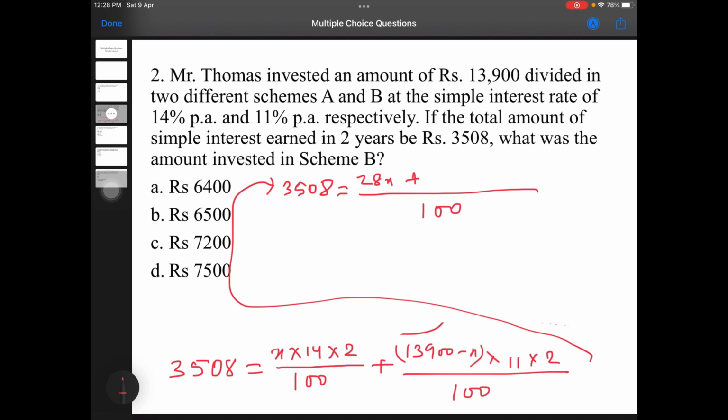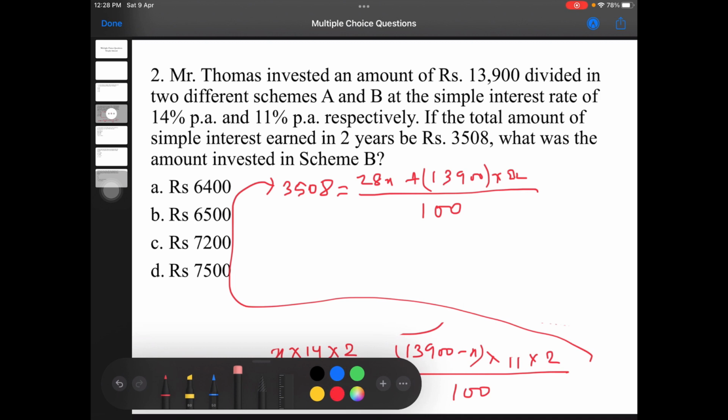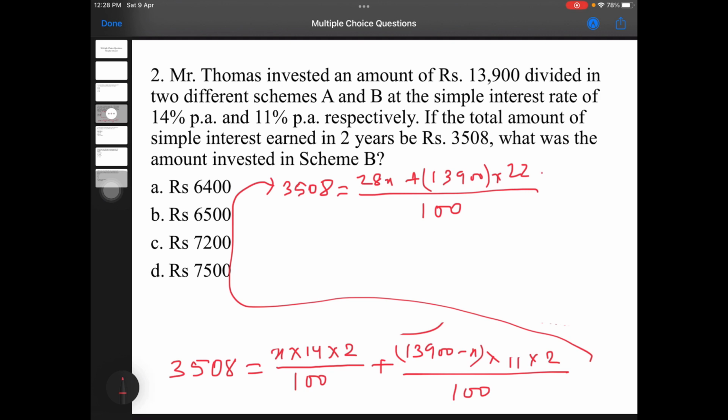Plus 13,900 will be multiplied with 22, since 11 multiplied by 2 equals 22. Then minus X multiplied by 22 will be 22X. So this 100 multiplied by 3,508 will be 350,800, which equals 28X minus 22X, which is 6X, plus 13,900 multiplied by 22.